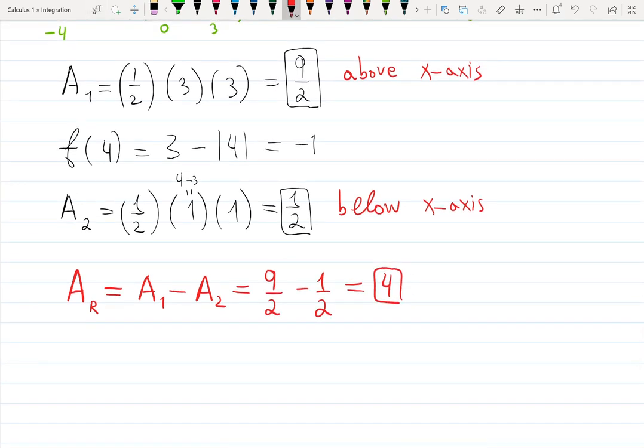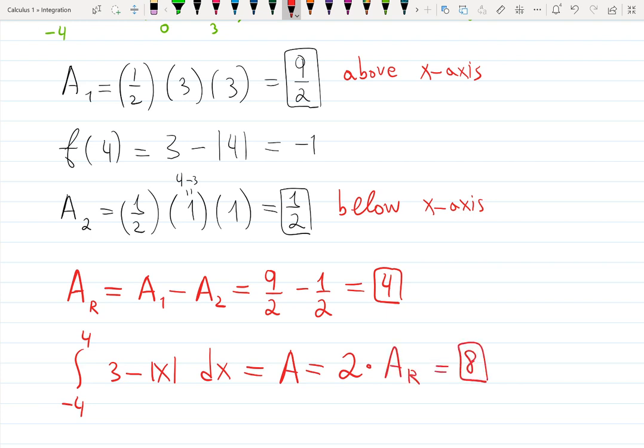Then the final area, which is the integral from -4 to 4 of 3 minus absolute value of x dx, will be the total area, which is doubled area on the right. So that's 8. And that's the final answer.